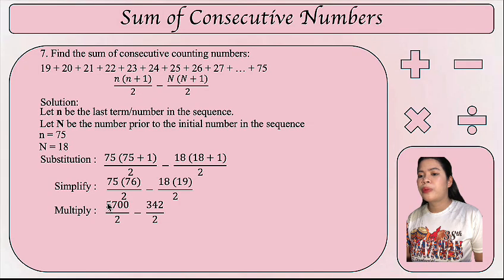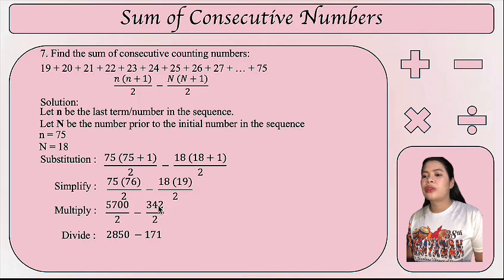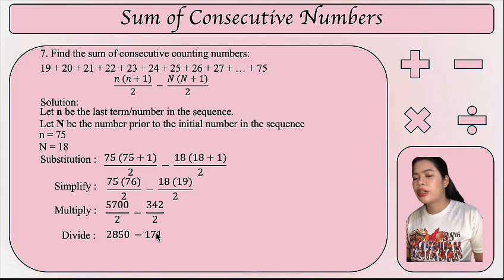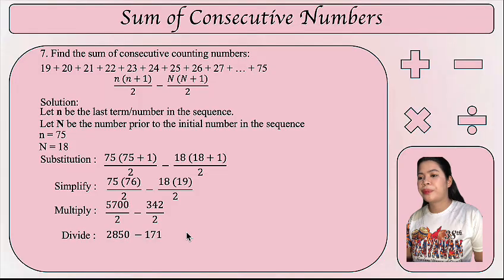Next step, we will be dividing these numbers. So we are going to divide 5,700 by 2, we are getting 2,850. Then 342 divided by 2, we are getting 171. So next, we are going to subtract these two numbers.